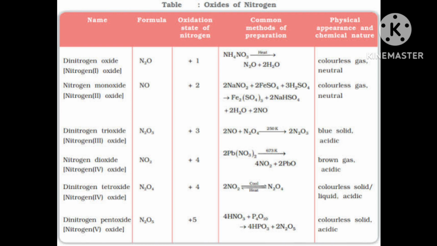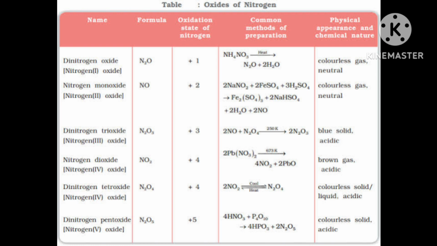You will get HPO3, a phosphoric acid, but of a different type, I will tell you, and the other product is N2O5.